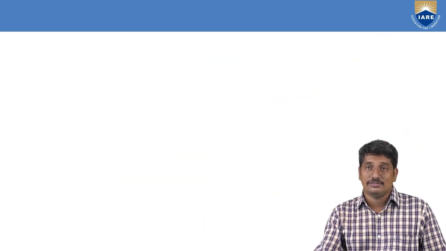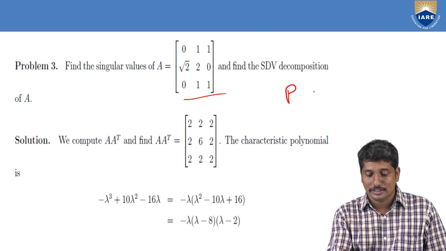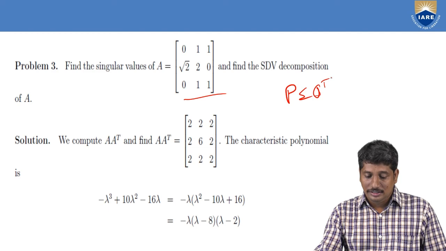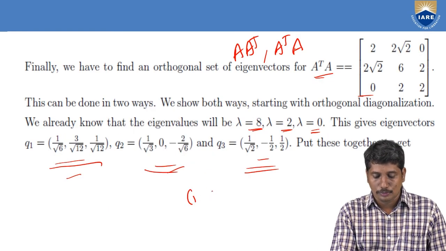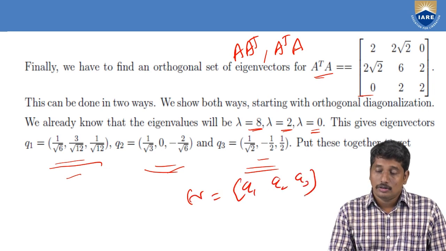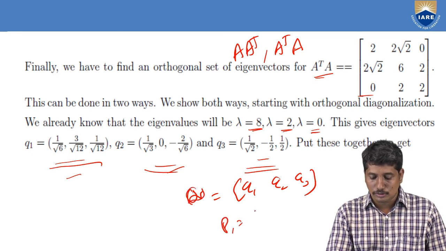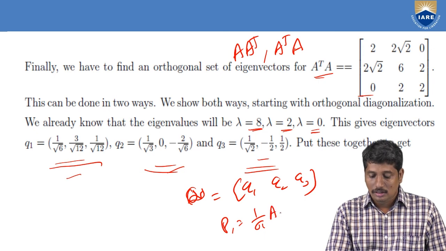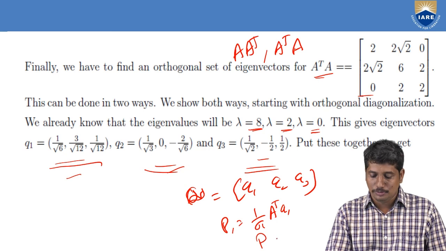Let us look into the question first. So this is our question, and we have decomposed it into three matrices P, sigma, Q transpose, where Q1, Q2, Q3 comprise Q. And from this Q, by using the formula P1 is equal to 1 by sigma 1 A transpose Q1, similarly P2, P3, we can calculate the matrix P as P1, P2, P3.